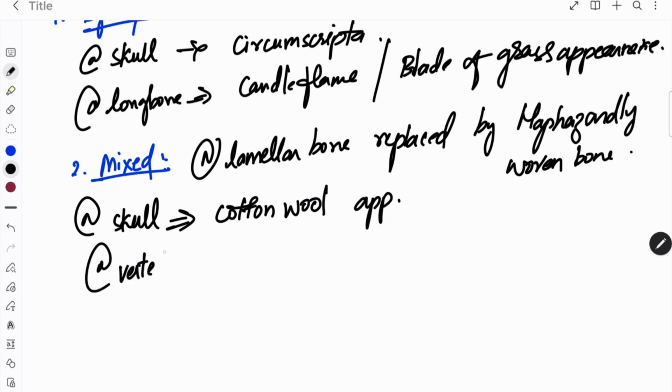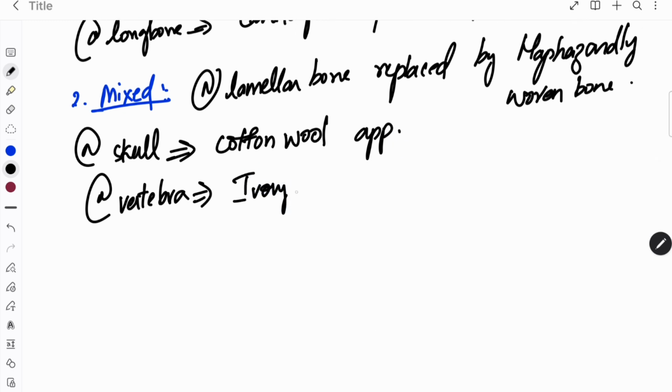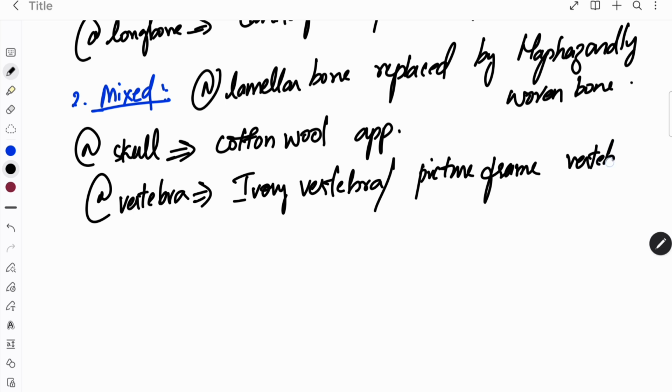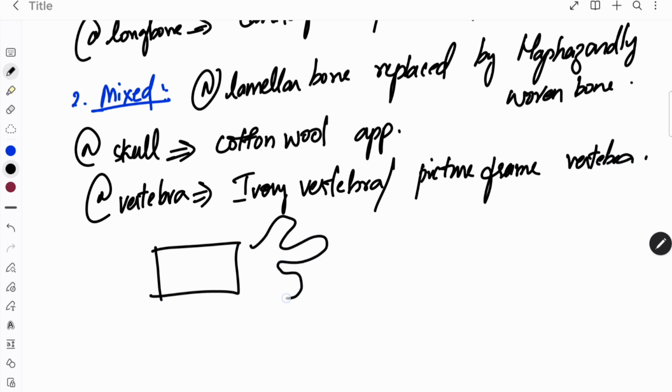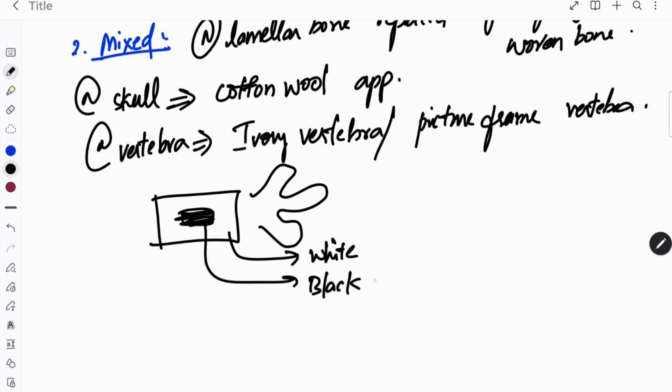In the vertebrae, we have the ivory vertebra, which is also known as the picture frame vertebra. In this vertebra, the center will be black and the frame will be white.